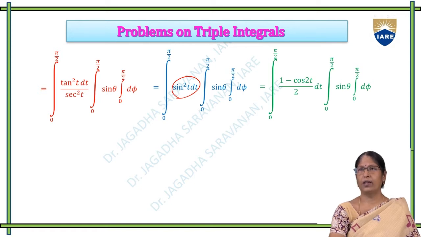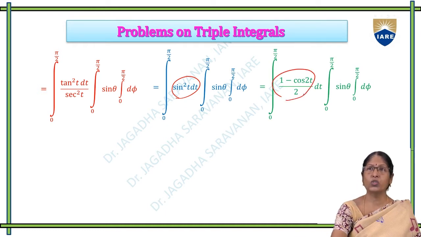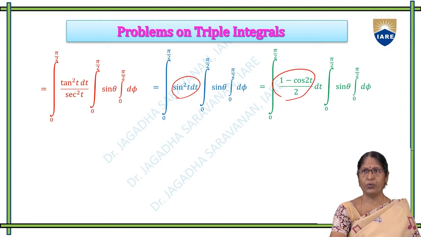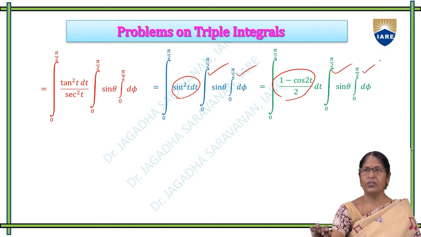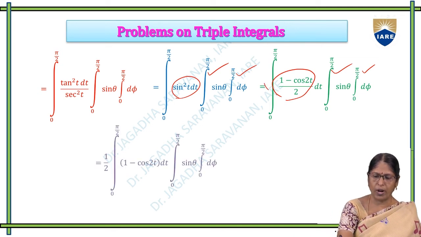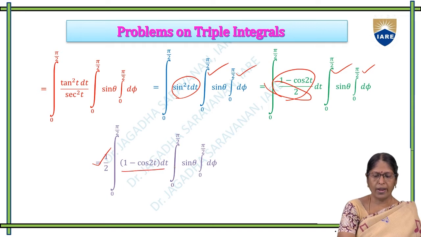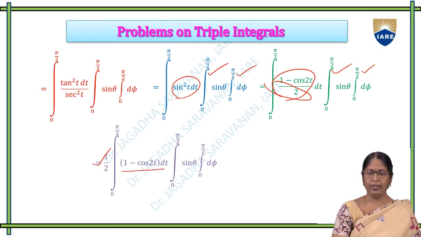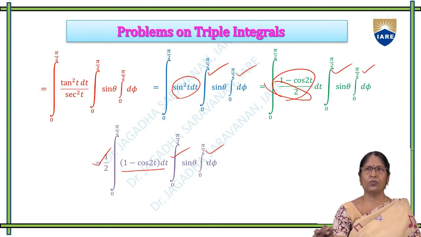In that concern, the sine square t is replaced by 1 minus cos 2t divided by 2 dt. The second and third integral we have just written as it is. This 1 by 2 we have taken outside. From 0 to pi by 2, 1 minus cos 2t dt, and the second and third integral as it is, we have just written.